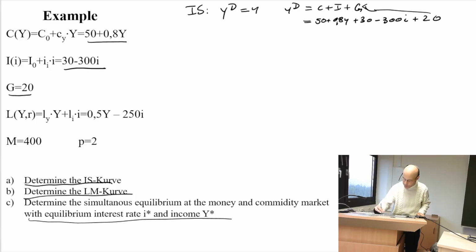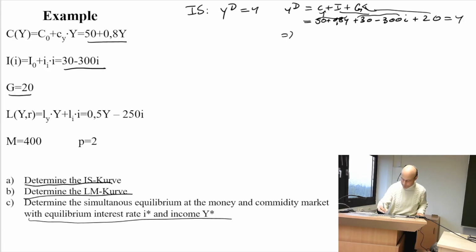So this is G, this is I, and this is C, and this should be equal to Y. So we have now to solve this. You can do it as you want. You can solve it for I, or you can solve it for Y, as you like. Let's solve it for Y.